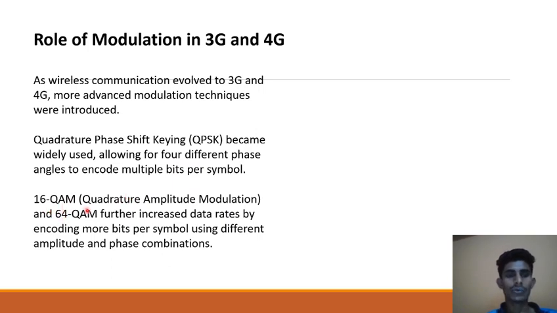And 16 QAM is quadrature amplitude modulation, which transmits the information by modulating the carrier with message bits. It comes from the family of digital modulation and is related to amplitude modulation.